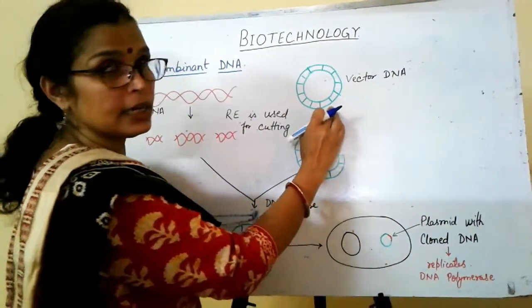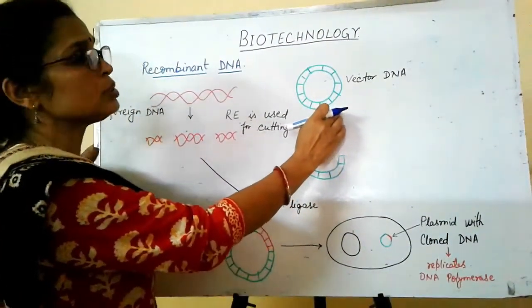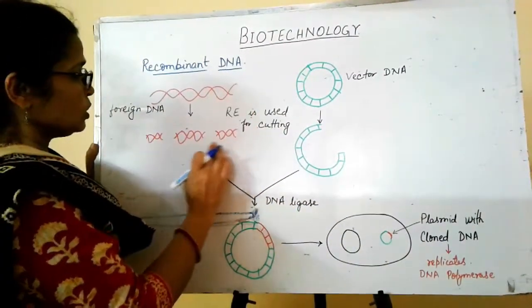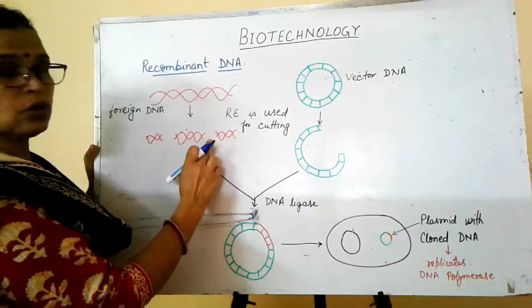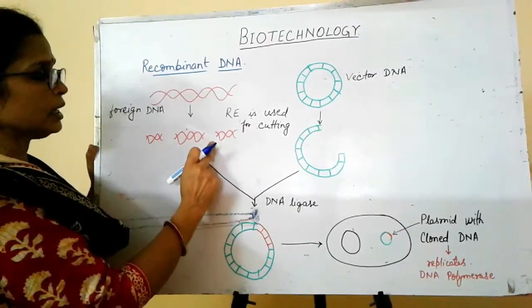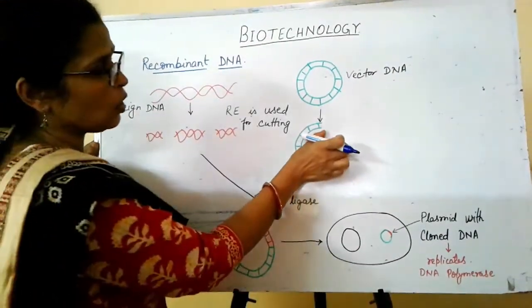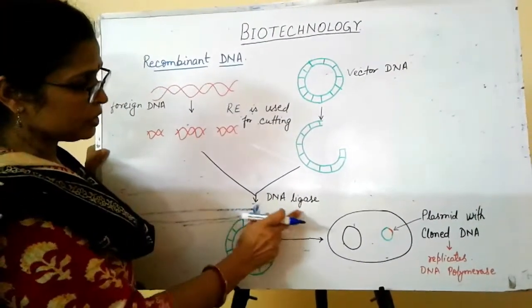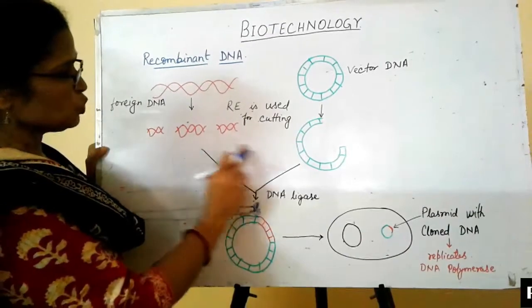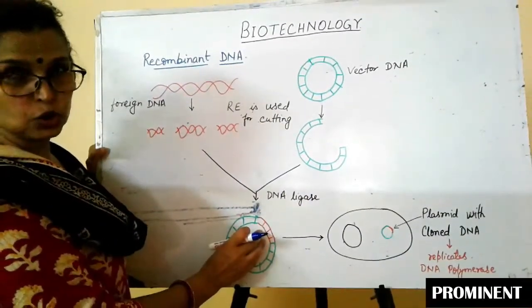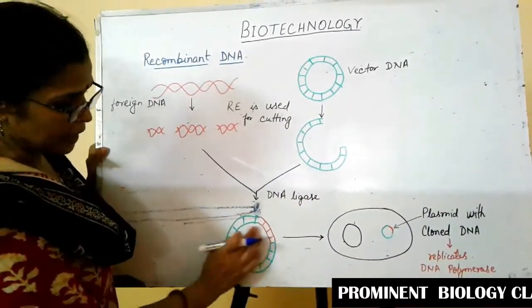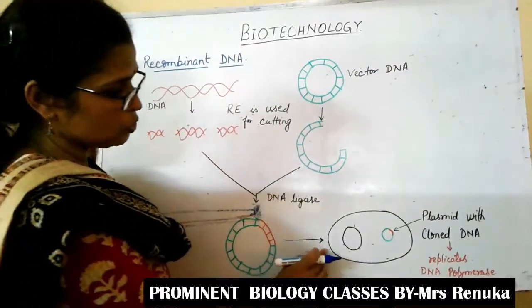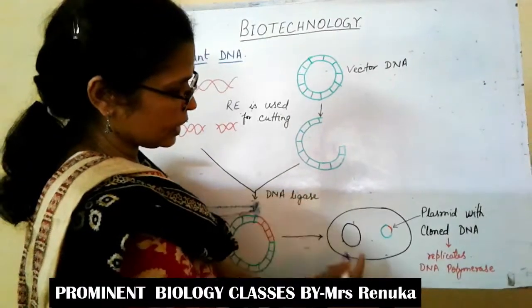Plasmids are used as vector DNA, which we will discuss later on. The restriction endonuclease cuts the foreign DNA into pieces, and it also cuts the plasmid DNA. With the help of DNA ligase, these two fragments are joined together, and this plasmid is a recombinant DNA that will be introduced into the bacterial cell.